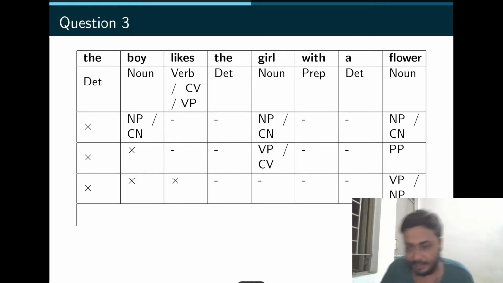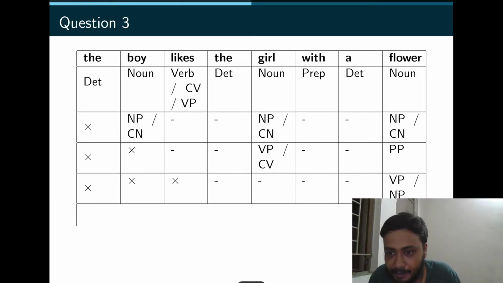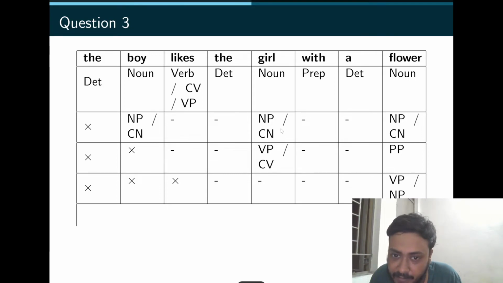What did I do over here? It's very important to understand this step. So when you are combining with this, right? You are looking to combine this column with this column now. Now when you are looking to combine with this column, you can look at the very end or you can look above also. Because this is a combination with this part. In this, the verb part does not combine.